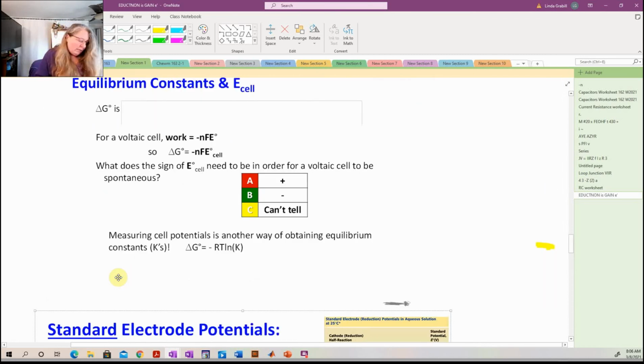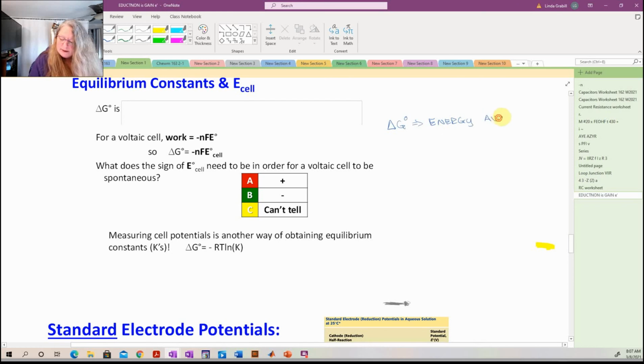So one of the ways that we can relate our work is to think in terms of Gibbs free energy. If you remember, I don't remember if that's first or second quarter of chemistry, this is energy available to do work. Energy available.